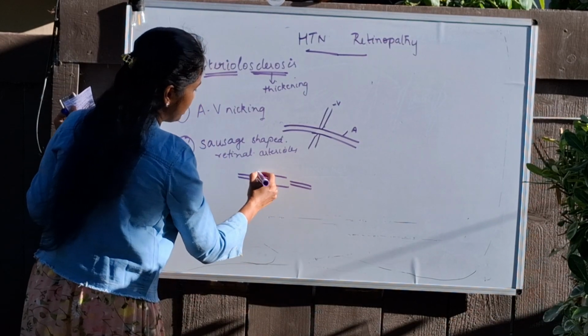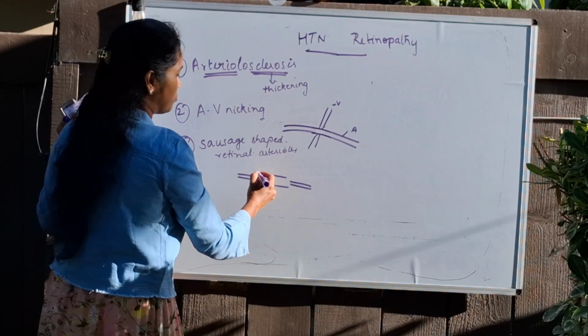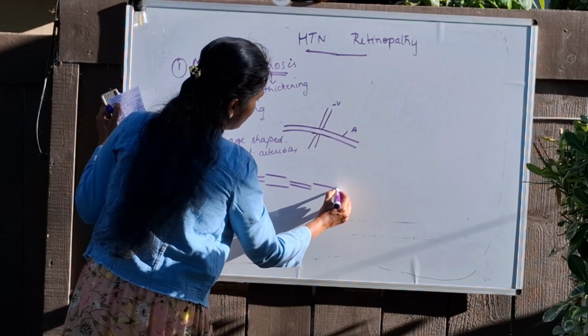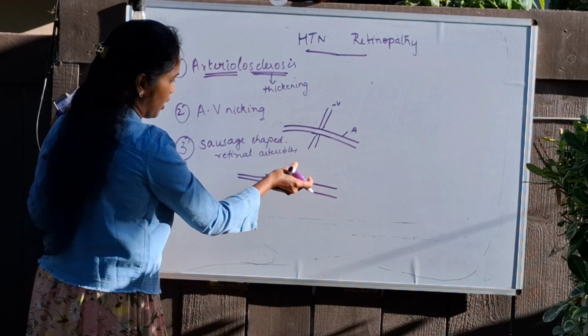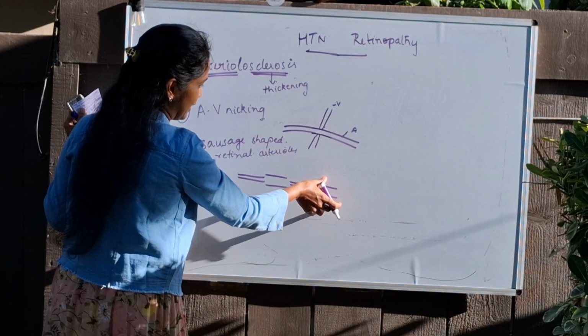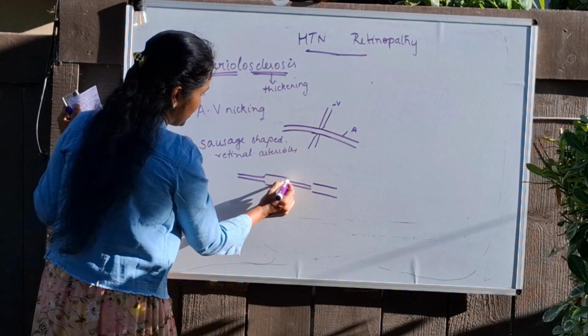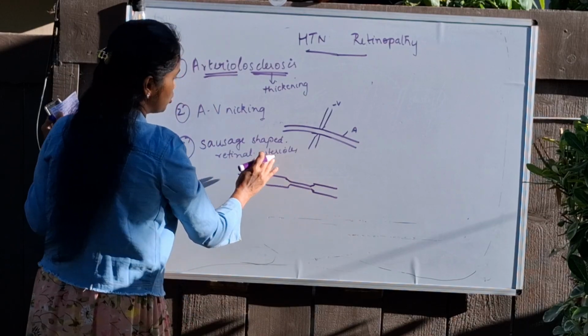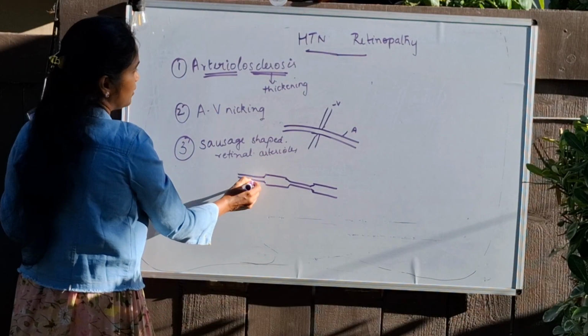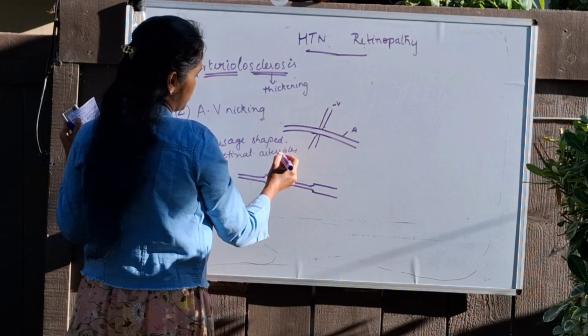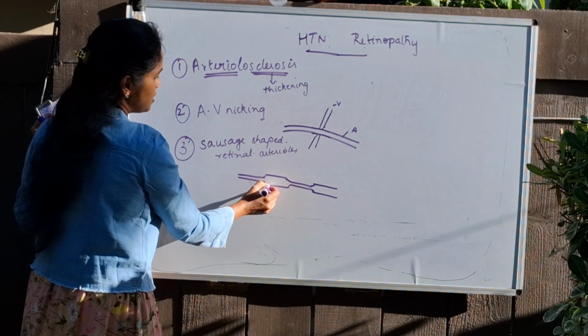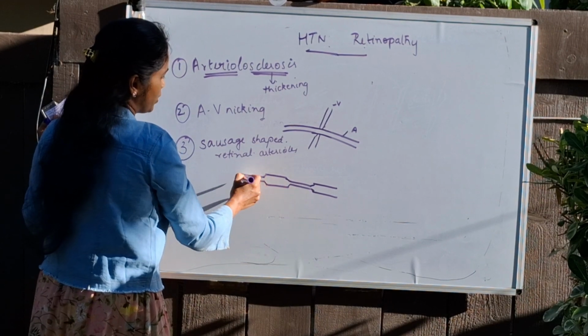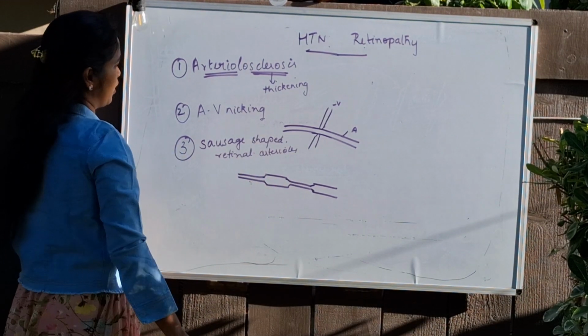There can be thickening at some places, and the normal diameter arterioles will appear dilated. Therefore, the thickening and dilatation of the arterioles give the appearance of sausage shaped retinal arterioles. The thickening is because of hypertensive retinopathy which causes sclerosis, and this is the normal arteriole. So, it looks like sausage shaped retinal arterioles.